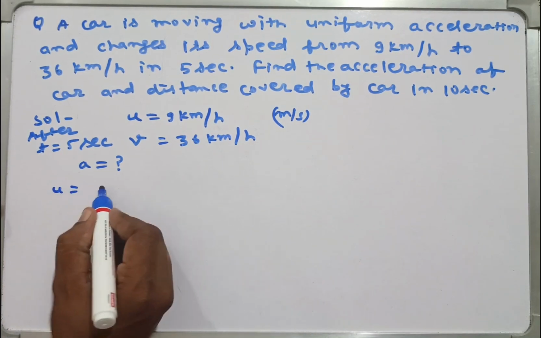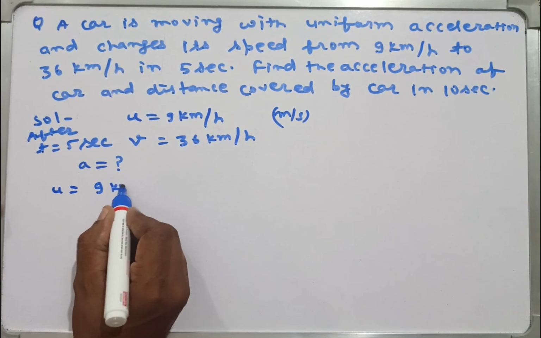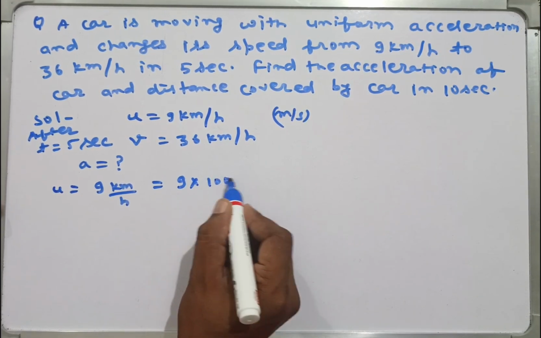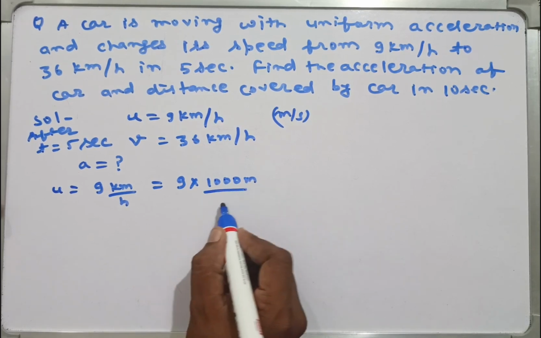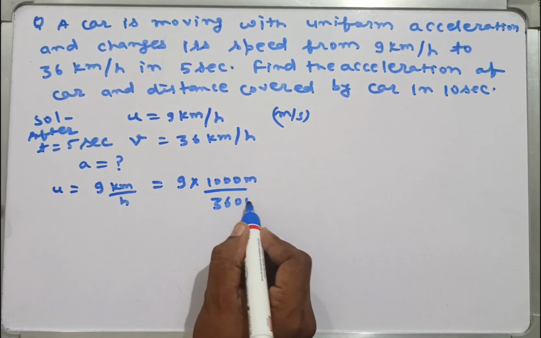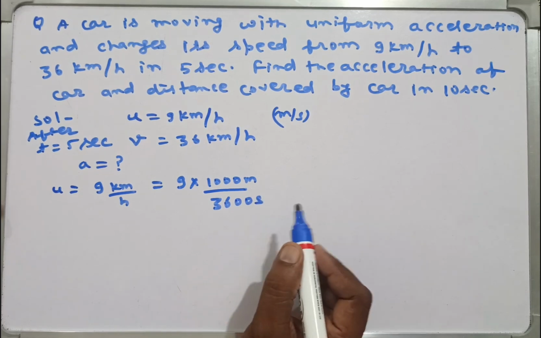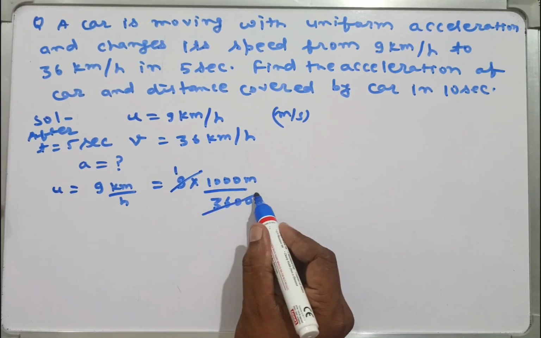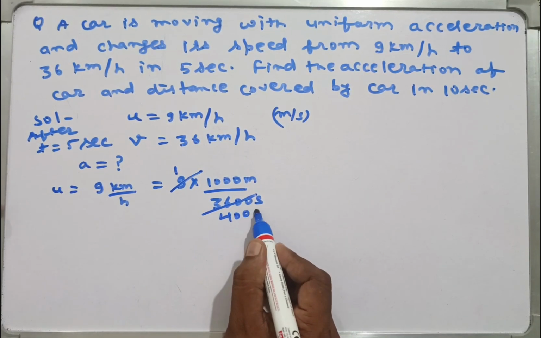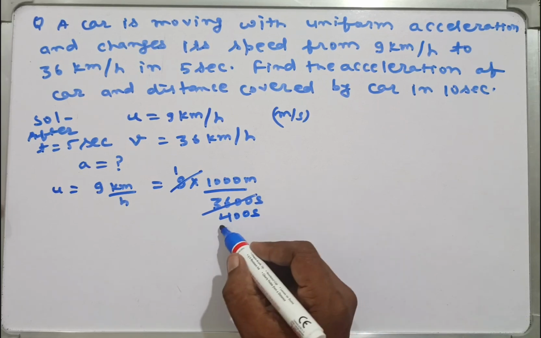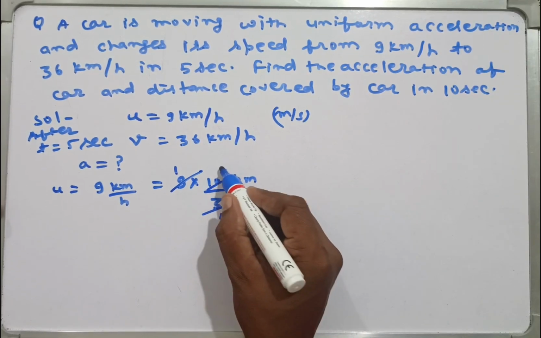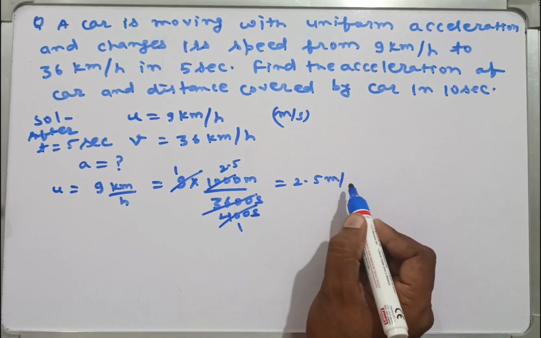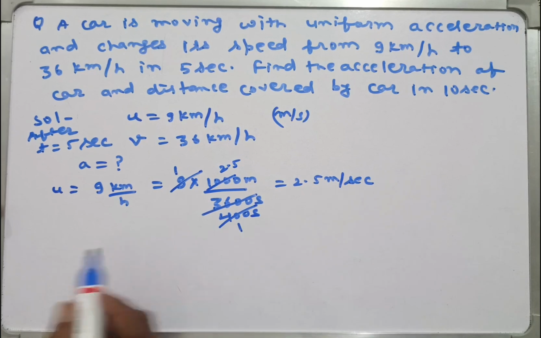So here u equal to 9 kilometer per hour, we can write it as 1000 meter divided by 3600 second, so this is 2.5. So you can say the initial speed of the car is this one.